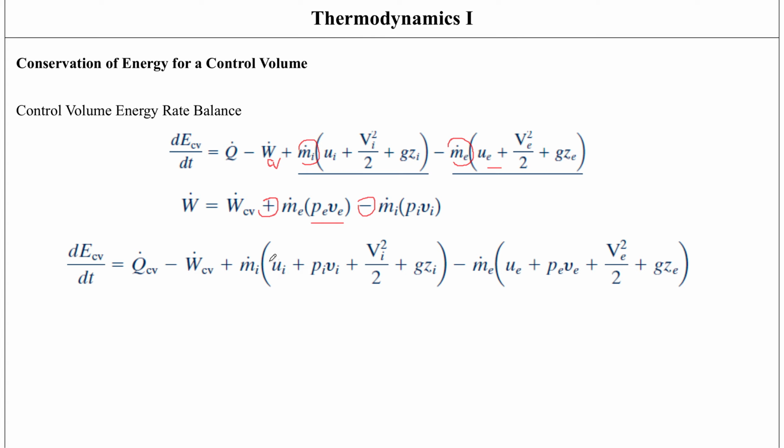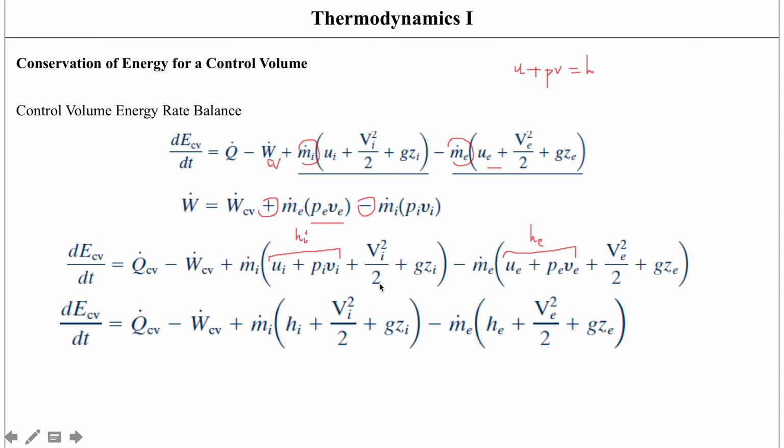If we look at this entire term, this is what we've looked at previously, that u plus pv is basically known as enthalpy. So it's enthalpy over here, and I can call this entire thing hi, and over here I can call this entire thing the enthalpy of the exiting stream. So I can just reduce this equation into this form.